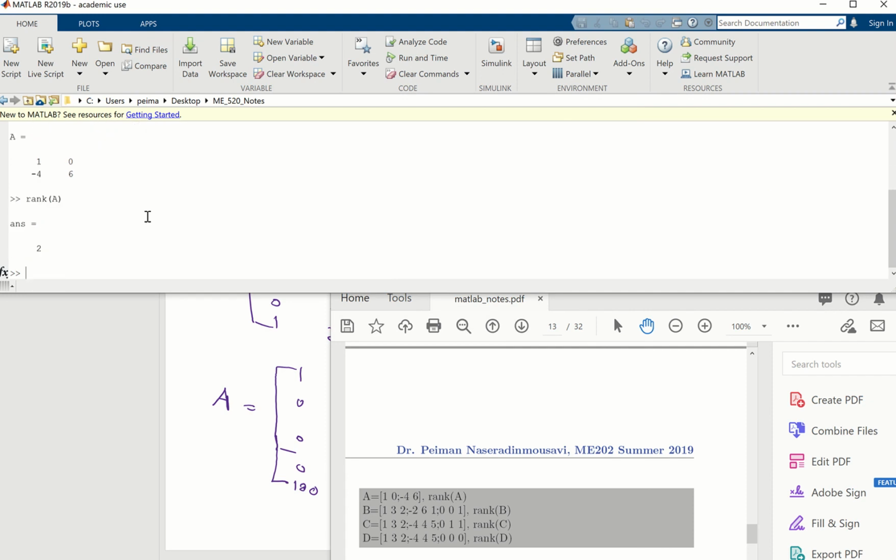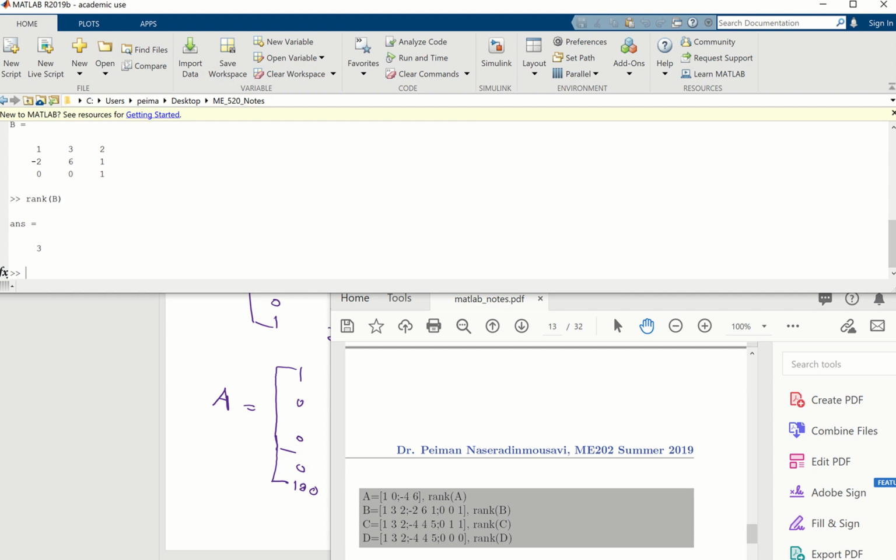If it gives 2, it means it's full rank, means the columns and rows of this matrix are linearly independent, means that R1 and R2 here are 0. That's it. Okay, and now your B is 1, 3, 2, -2, 6, 1, 0, 0, 1. This is the matrix. If I say rank of B, it's going to be 3.